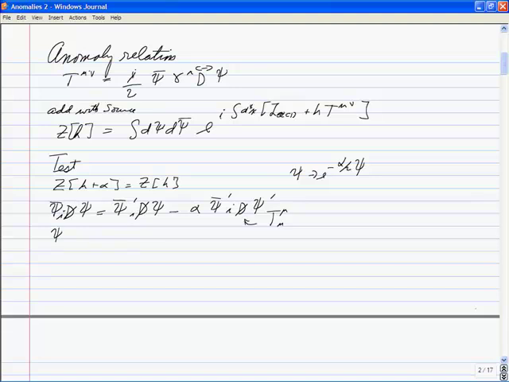Likewise, if I rescale psi bar m psi, it is psi bar prime m psi prime minus alpha.